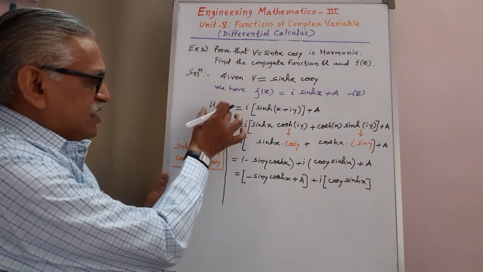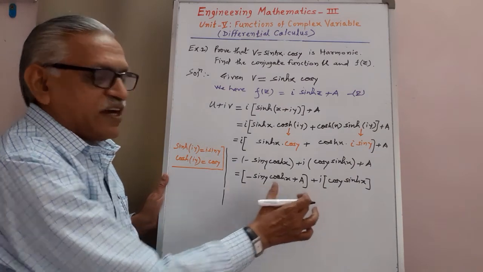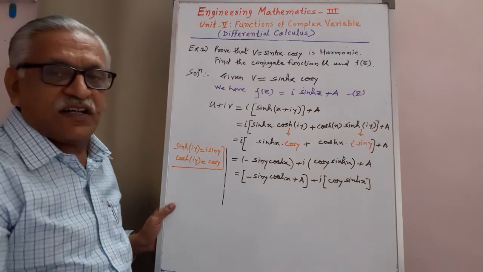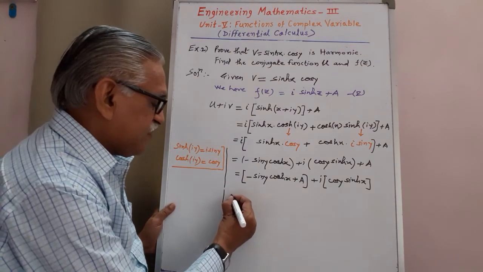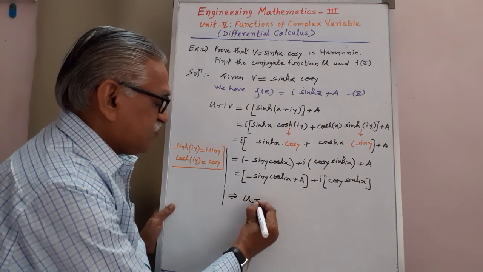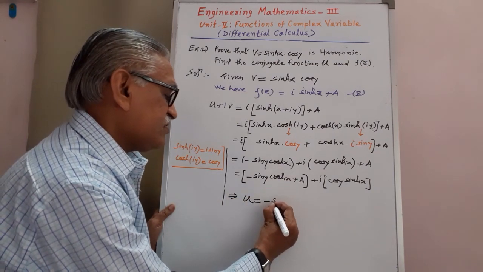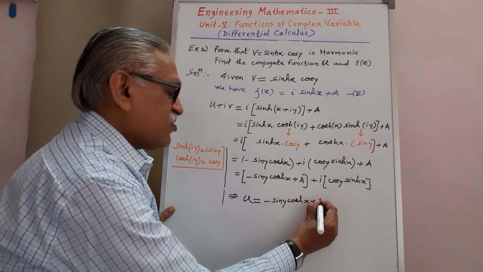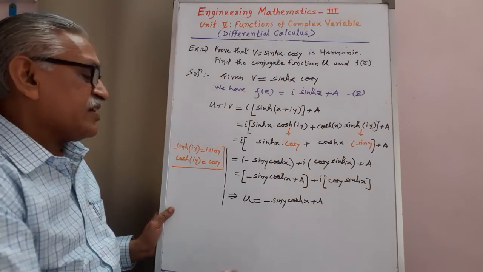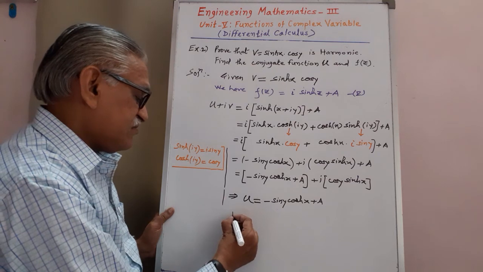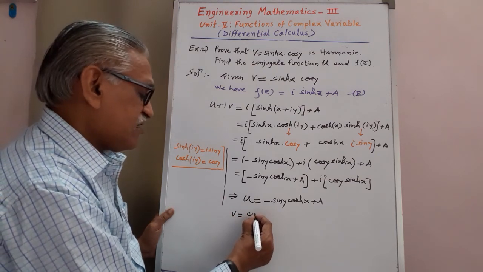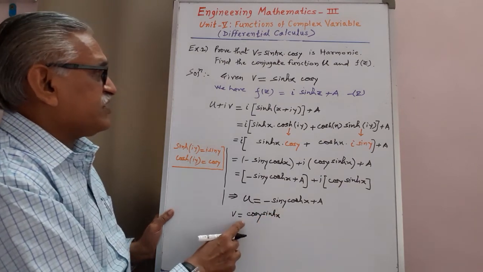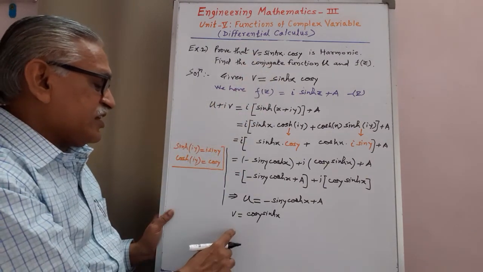And therefore, on the left hand side we have the complex number u plus iv. On the right hand side we have another complex number. Sign of equality is there. Therefore, comparing real part with real part and imaginary part with imaginary part, we get u equals the real part, minus sin y cos hx plus that constant a, constant of integration, and v as cos y into sin hx, and we check whether it is the same v as given or not.